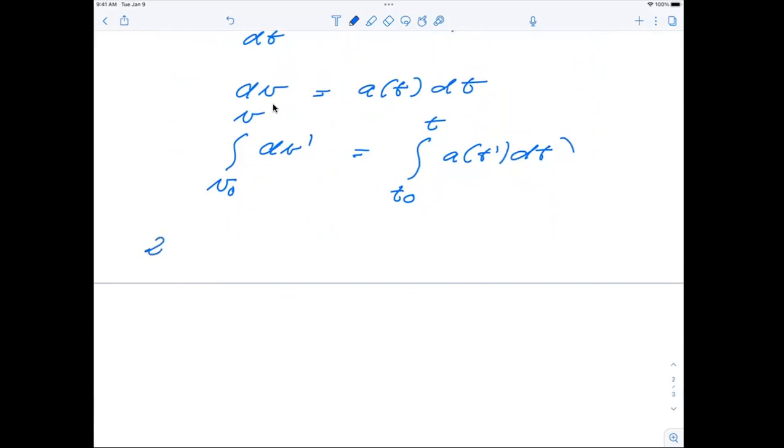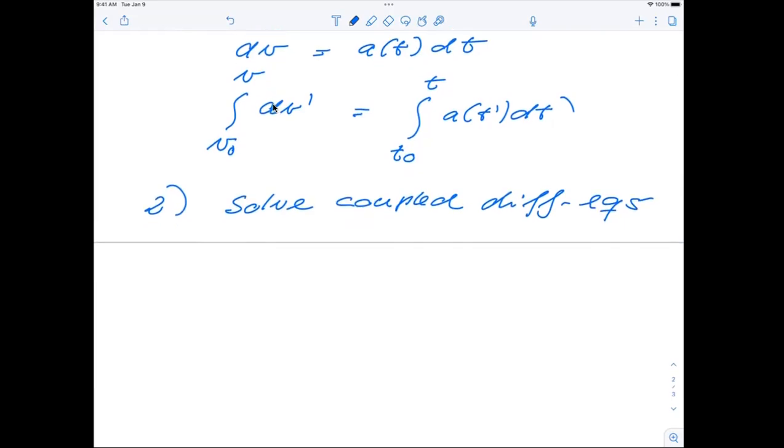The second approach is then to solve coupled differential equations. And I know that not all of you are familiar with differential equations, but typically what we would do, if we have a well-defined force, is we have dv/dt equal to a.